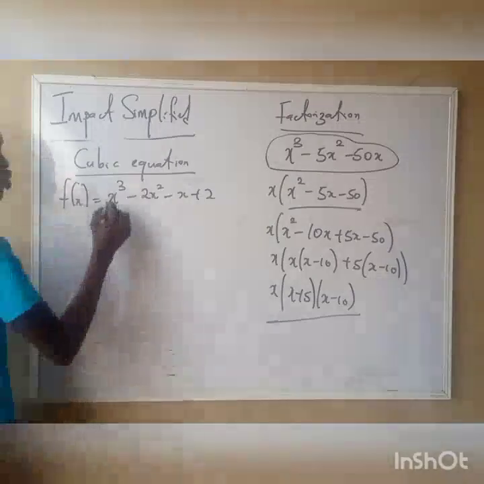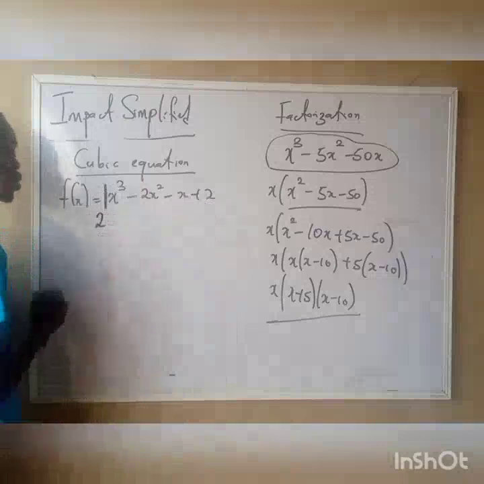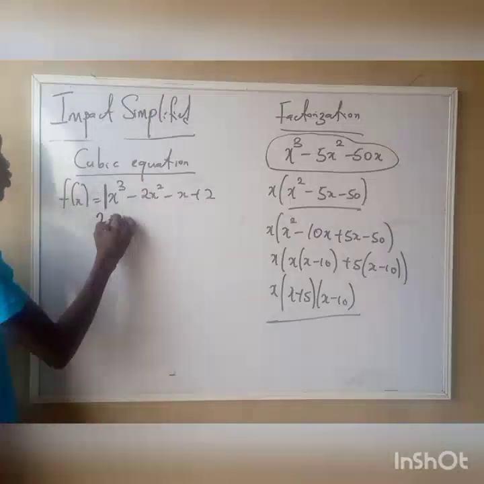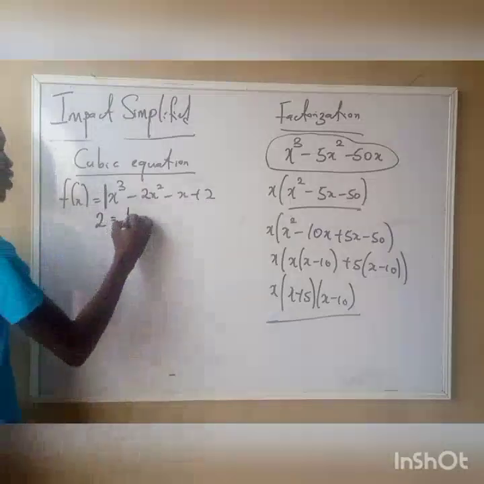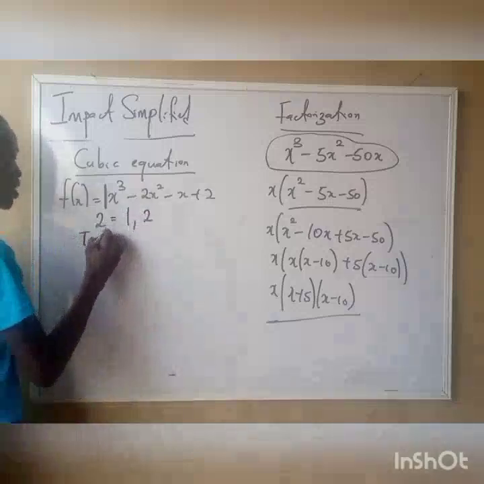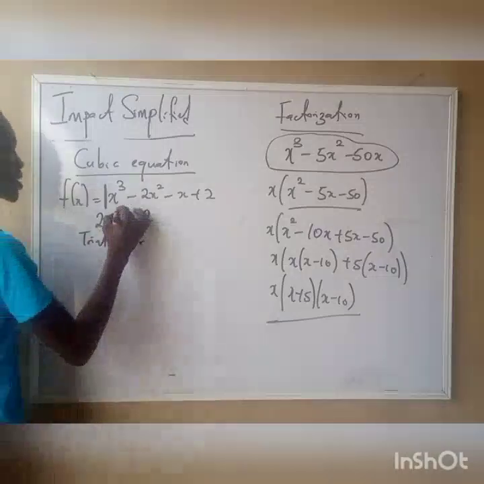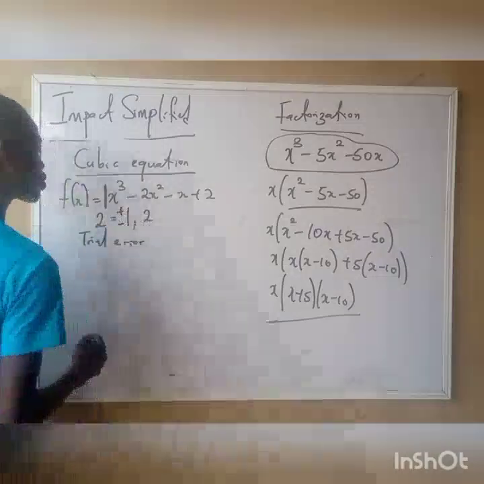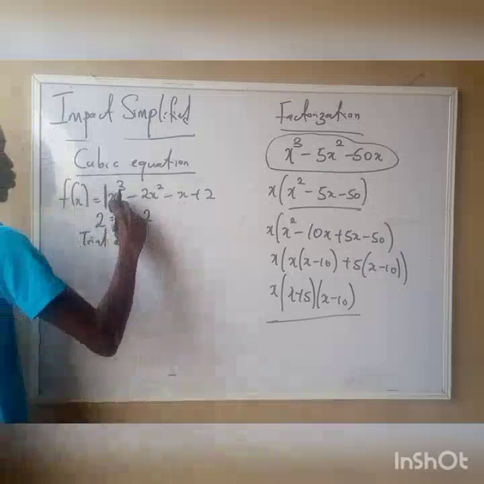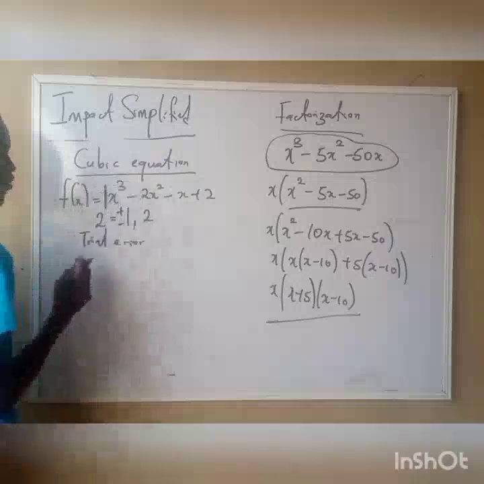We are going to use the first constant to multiply the last constant, and that will give us 2. Now, what are the factors of 2? That will give us 1 and 2. And now we are going to use what we term the trial and error method, in the sense that we are going to test when x is equal to plus or minus 1 to get which exact one will give us a factor.